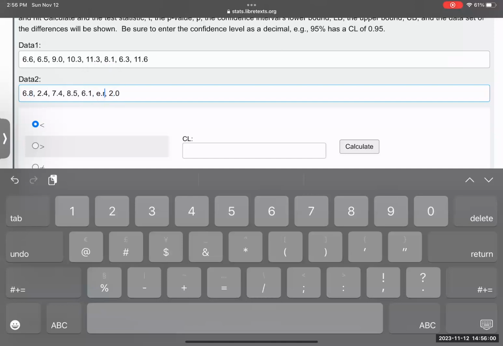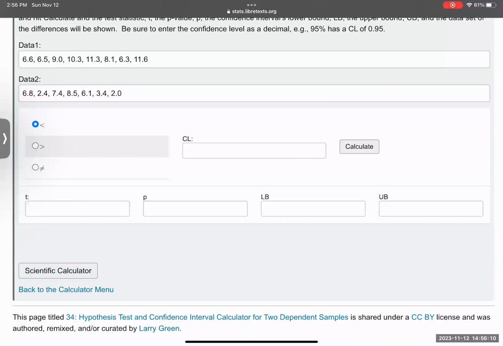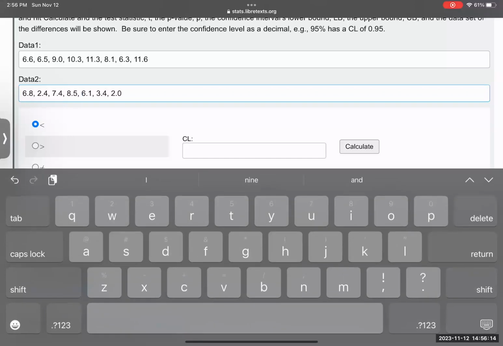Looking really good there. All right, 6.8, 2.4, 7.4, 8.5, 8.1. Oh, see? Always double check. 6.1, 3.4, 2.0. 1, 2, 3, 4, 5, 6, 7, 8 subjects.